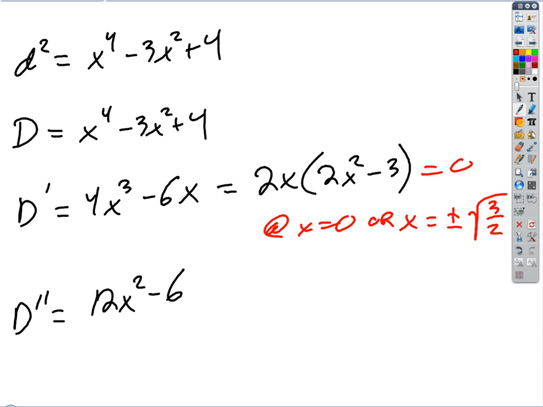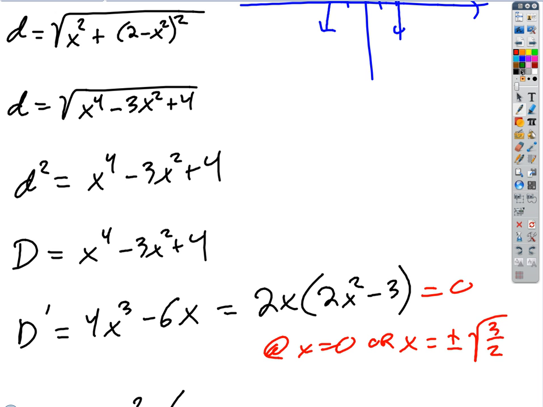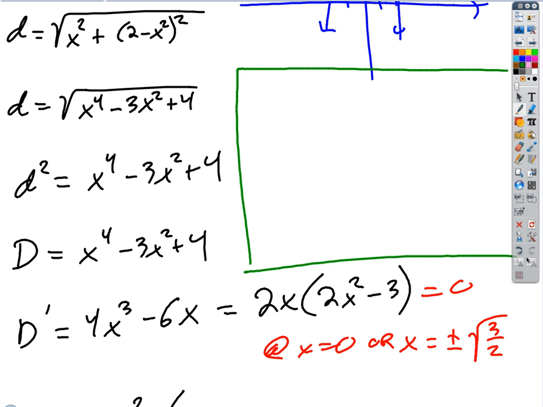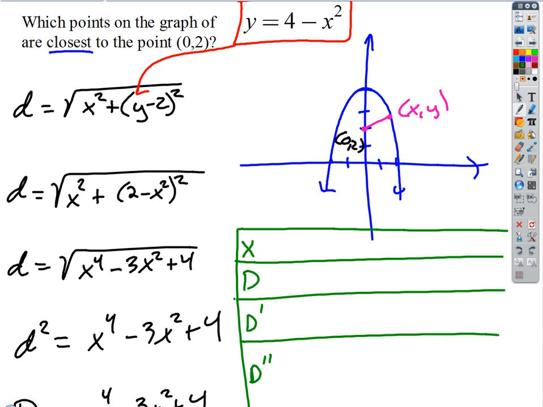Okay, so let's, well, I have to have room for that. I'll make my table there. Now this time, are there any constraints on my function?